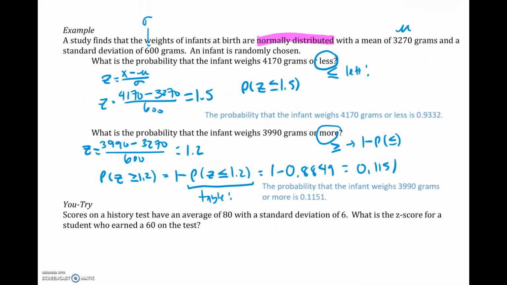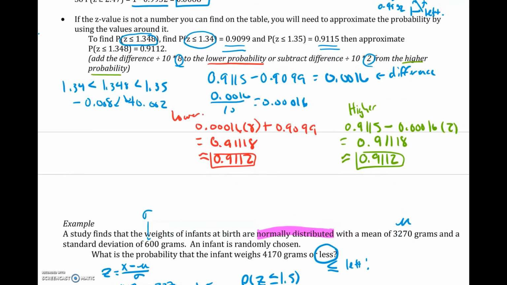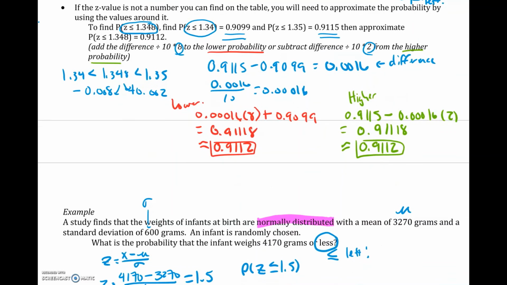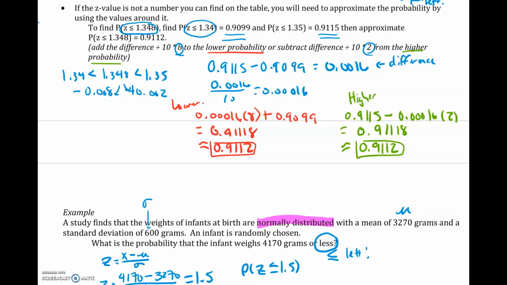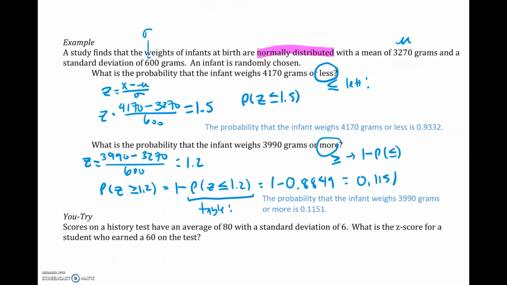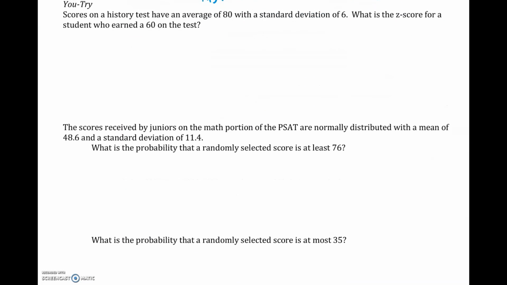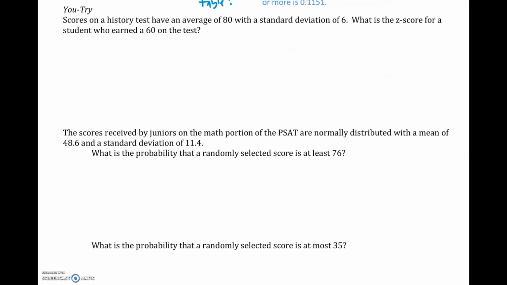But if you want to look back up, the approximation was right here with that third bullet point. Think about how I got the lower probability, the upper probability, and then either use that red or the green side to approximate the probability of the Z value. Okay, so again, pause, try it out, and unpause when you're ready to check, or if you get stuck.